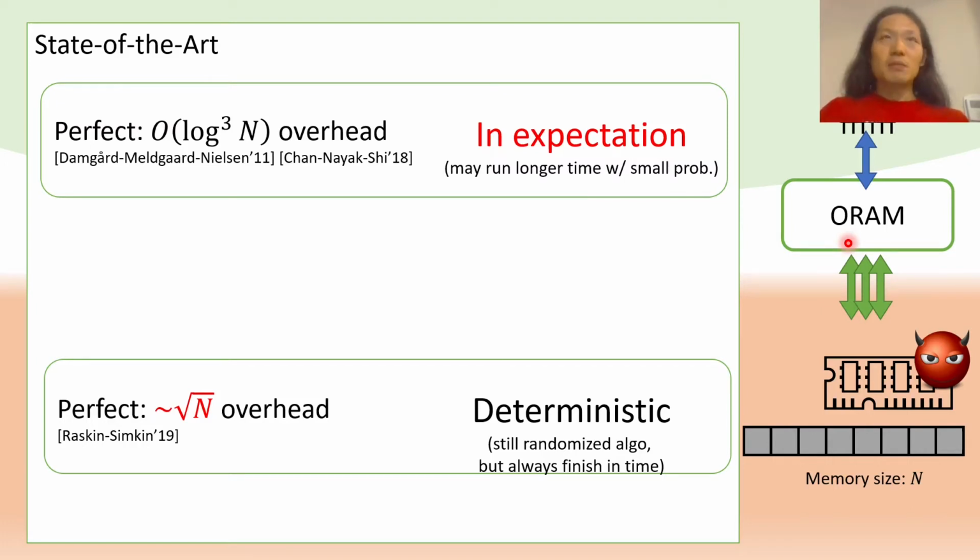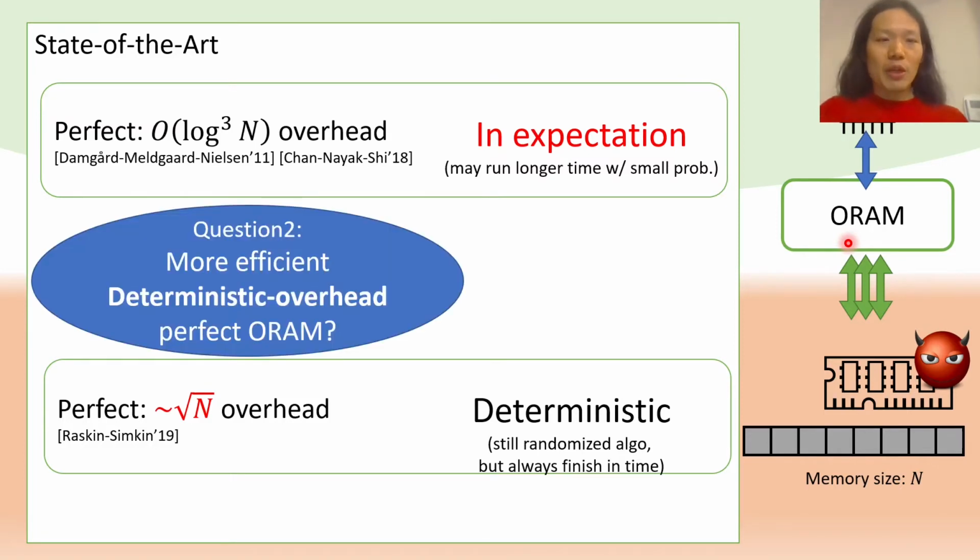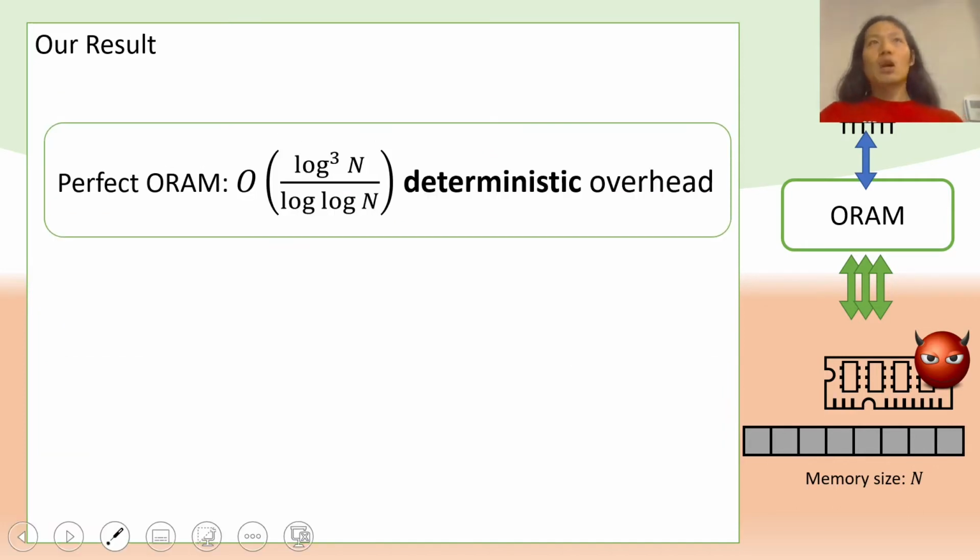The algorithm is still randomized, but it always finishes in the claimed time bound with probability 1. So our second question is whether we can get the best of both results, that is, a smaller overhead and a deterministic time bound. In this work, we answer both questions positively.